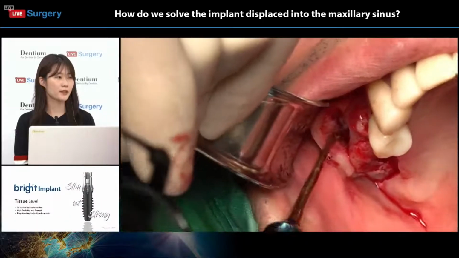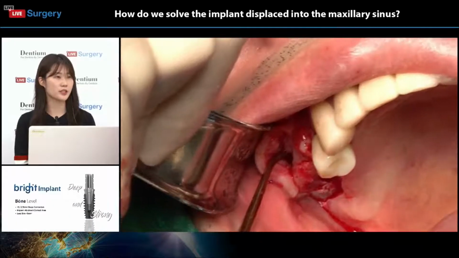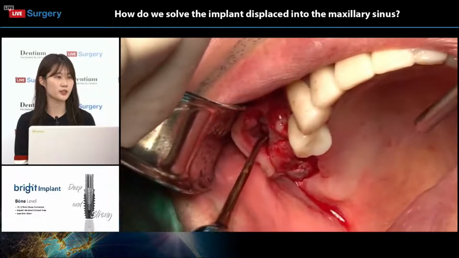He's making sure that the membrane is detached without additional perforations.